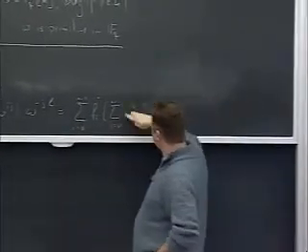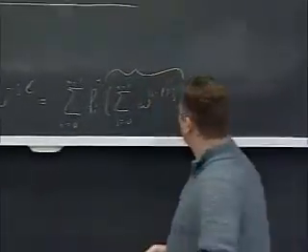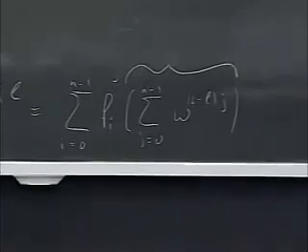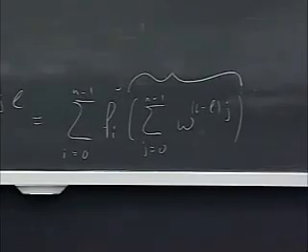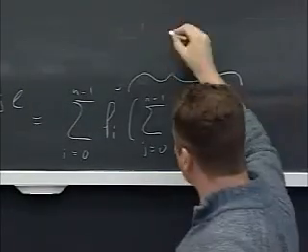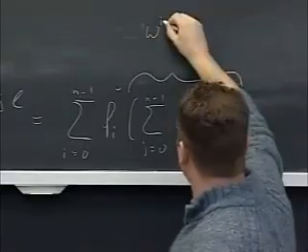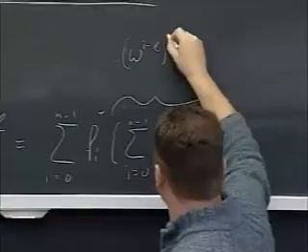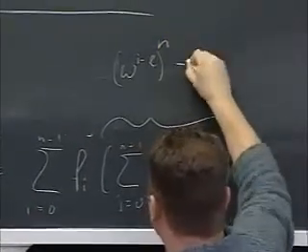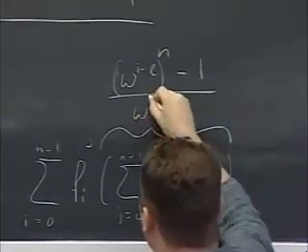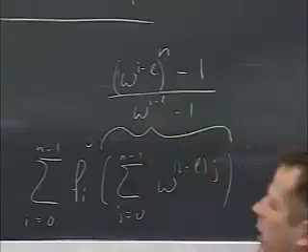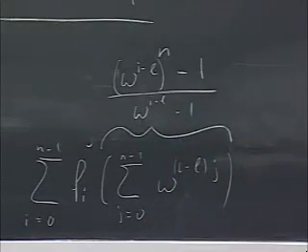And so what is this? How can we work this out? Well, you know how to express the sum. So this part of the sum is really just omega i minus l to the n, minus 1 over omega i minus l minus 1. Well, that's a standard formula for summing these things up.